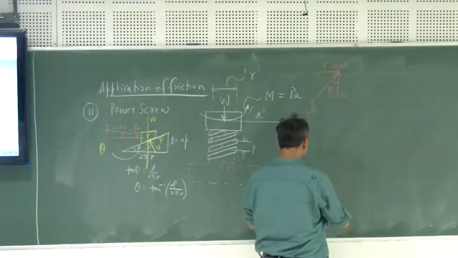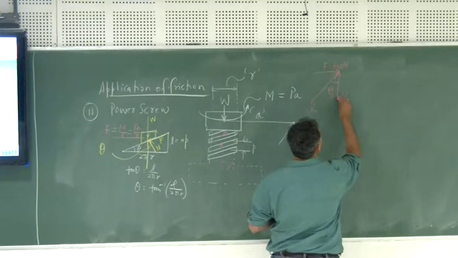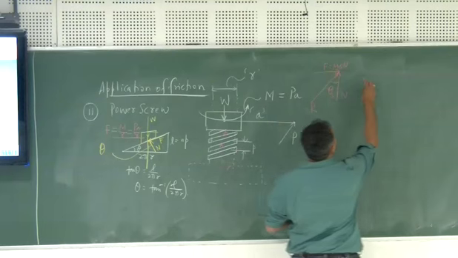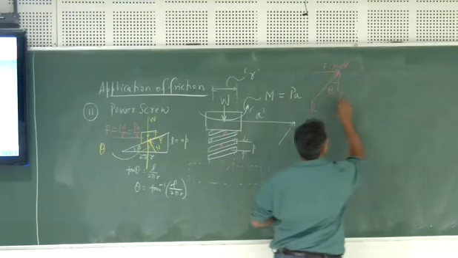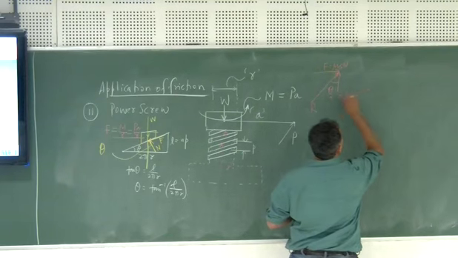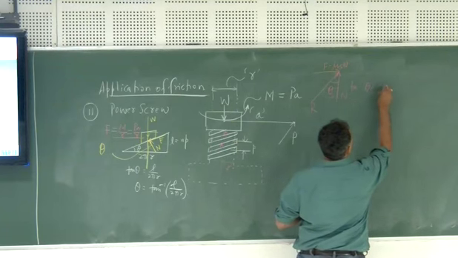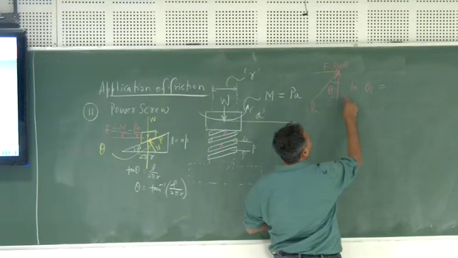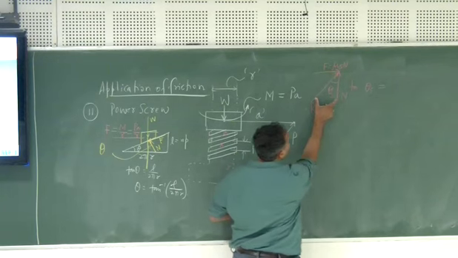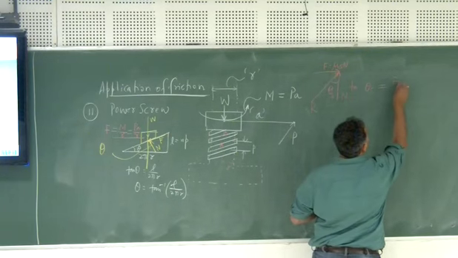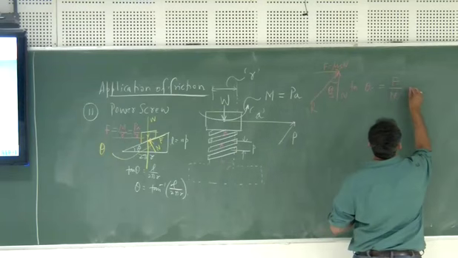So what really happens here is that tan theta s is nothing but F by N. What is F?